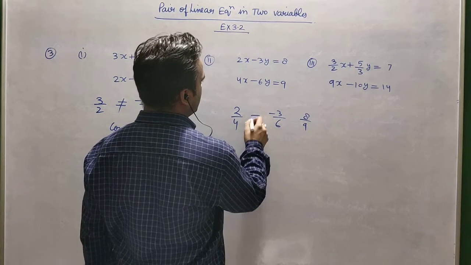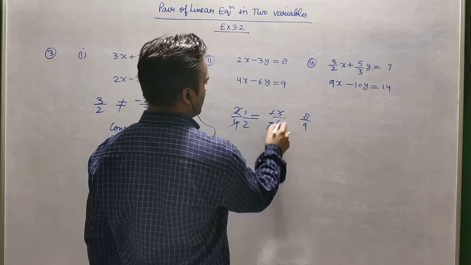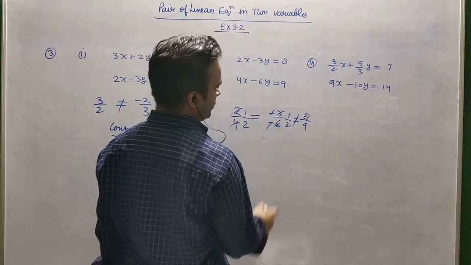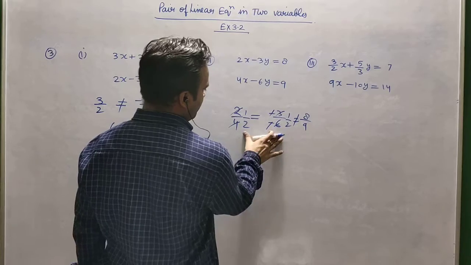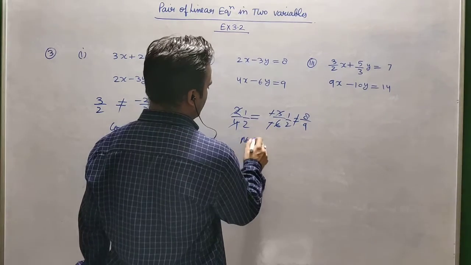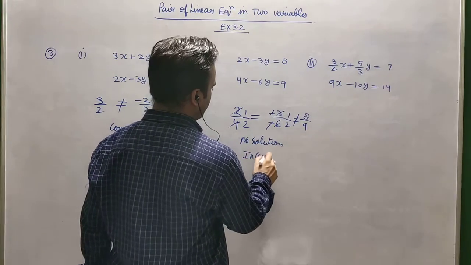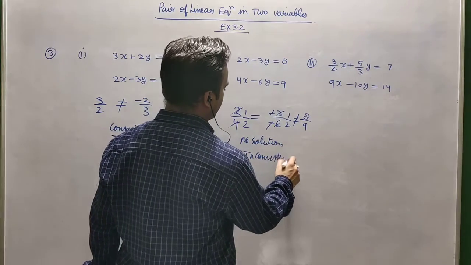If you see this one, it is cancelled, so it is 1 upon 2, it is 1 upon 2, but the third is not equal. So in this case the first two are equal and the third one is not equal. So which type of case? No solution. So no solution means inconsistency.